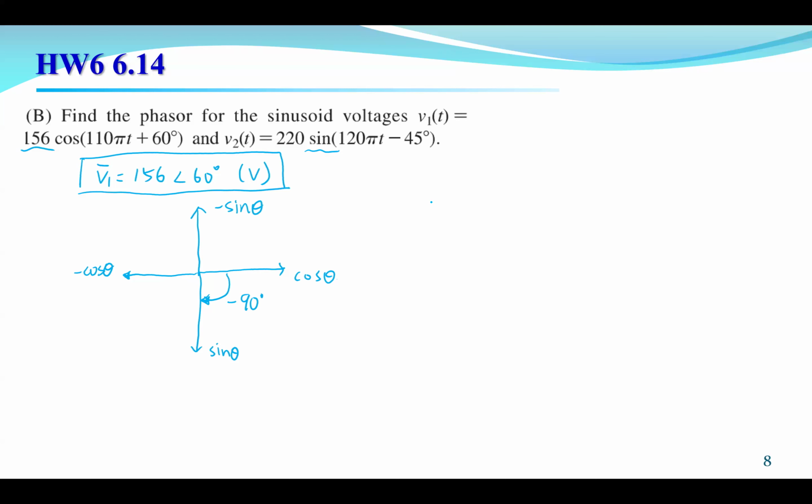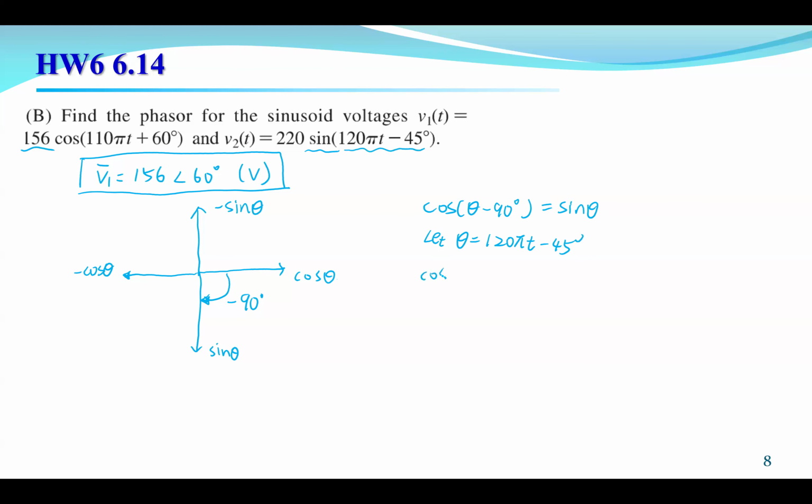So we have the formula cosine of theta minus 90 degrees, theta minus 90 degrees is sine theta. And then if we make that theta equal 120 pi t minus 45 degrees, which is here.